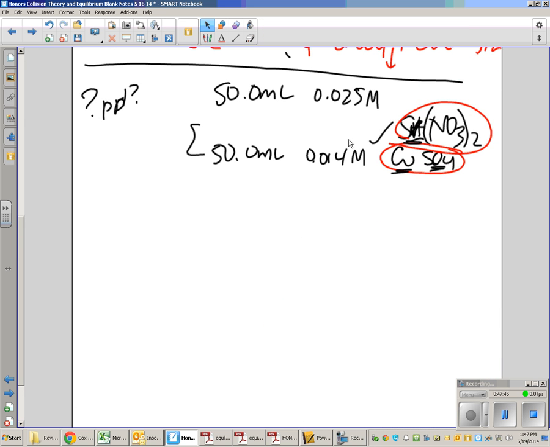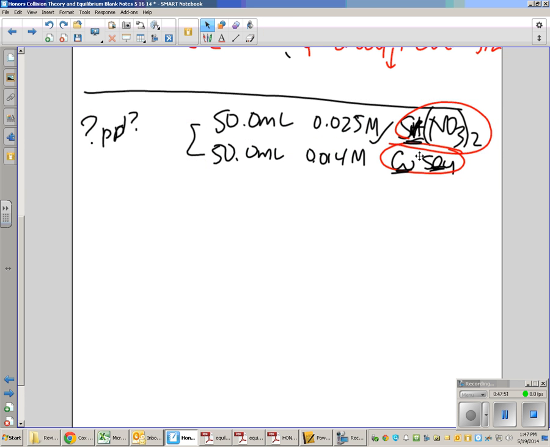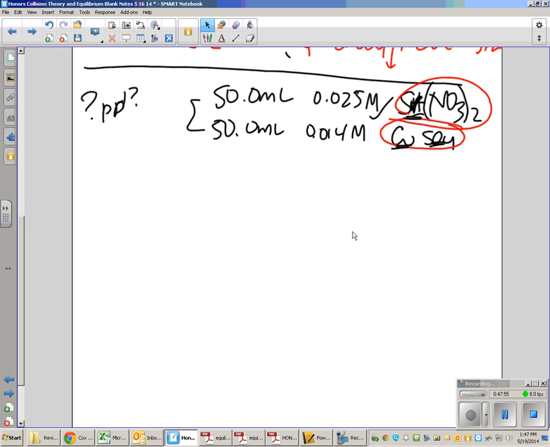Alright, so let's calculate how much of the strontium and how much of the sulfate I have. To get the strontium, I have to do M times V divided by total V. That's it. What's my M times V for this one?